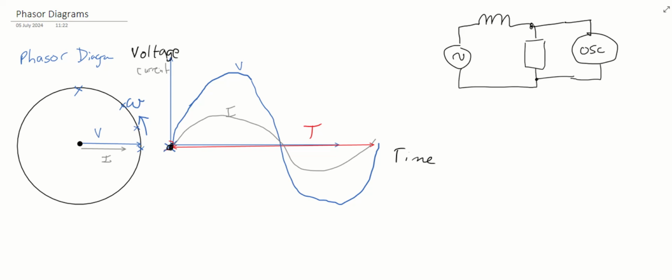And if you then drew that onto this waveform here, the voltage across the inductor would be 90 degrees in advance of the voltage across the resistor. So that would mean that this diagram starts to get very cluttered.